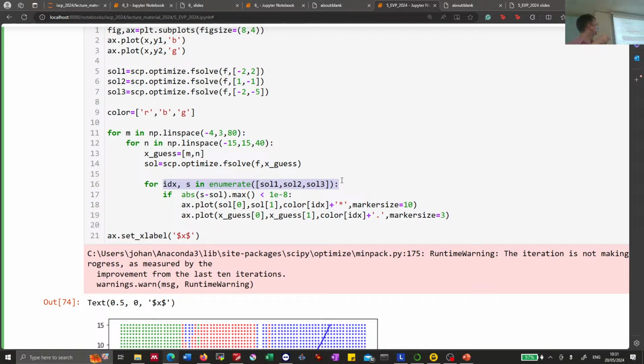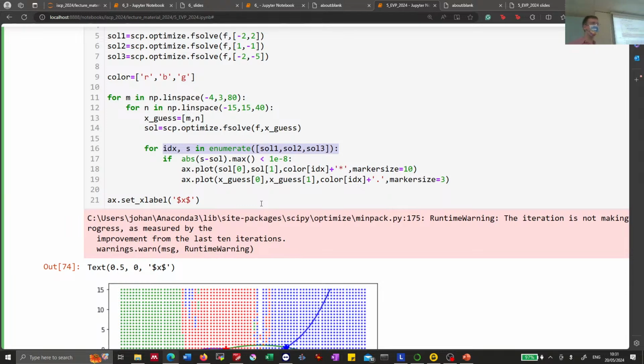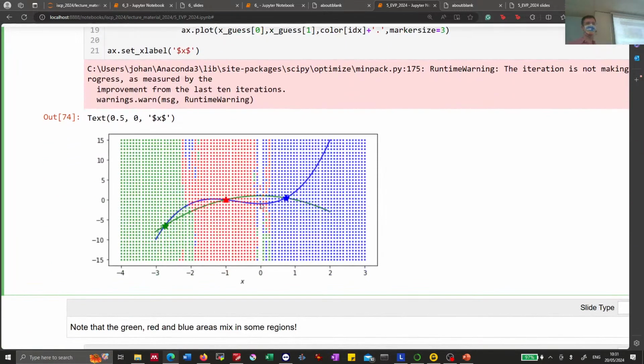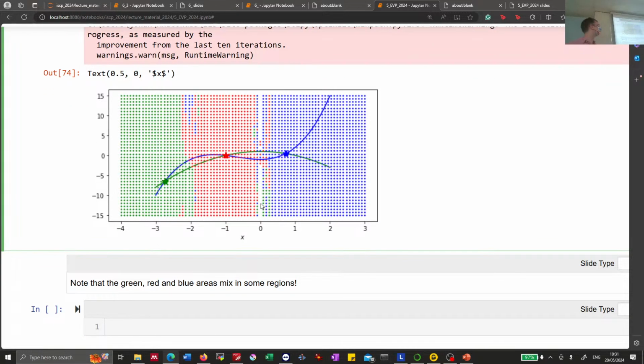And if the maximum is smaller than 1 times 10 to the power of minus 8, I say that, hey, my new solution for my starting point m, n is identical to solution 1, 2, or 3. If it's identical to that solution, I basically mark that point m and n in the color of solution 1, or solution 2, or solution 3. So here. And that is what I get at the end.